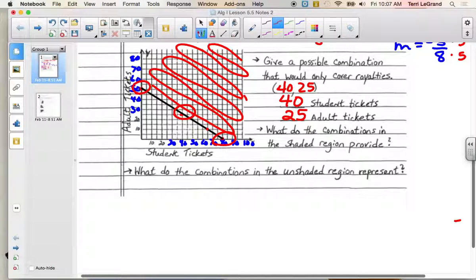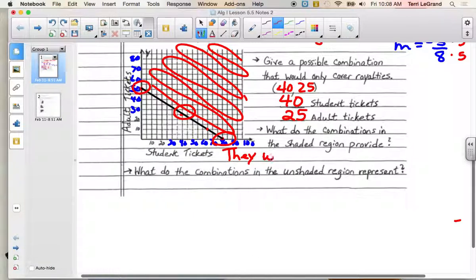What do the combinations in the shaded region provide? What's that telling us in this problem? That's how much they would make that wouldn't pay the royalties. In the shaded region? No. The shaded region would show us they'd be able to pay the $400 and make some profit, right? So let's write that down.